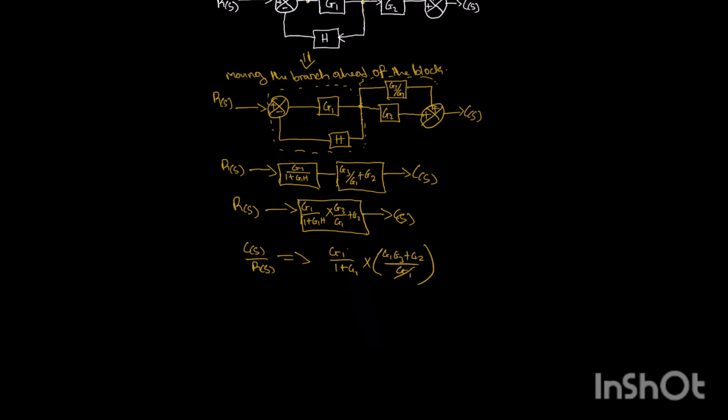So this one will cancel this. So we are left with what? C of x all over R of x is equal to G3 plus G2 all over 1 plus G1H. So this is the answer.